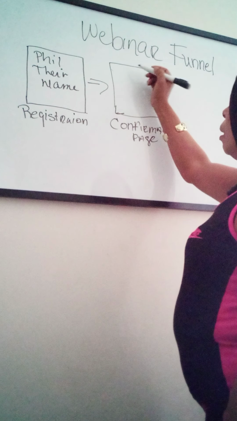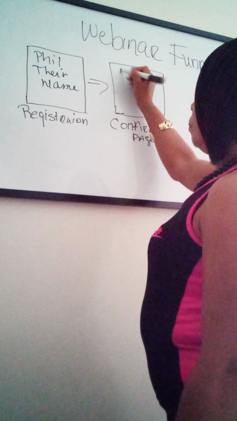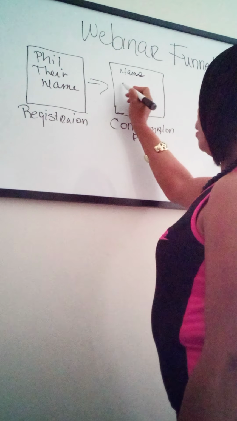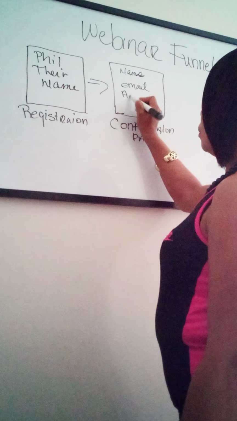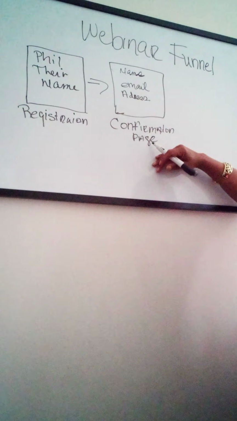Now on this confirmation page right here, they will be putting their information in, their name, and their email address. And on this confirmation page also, it will tell you what time your webinar will begin.